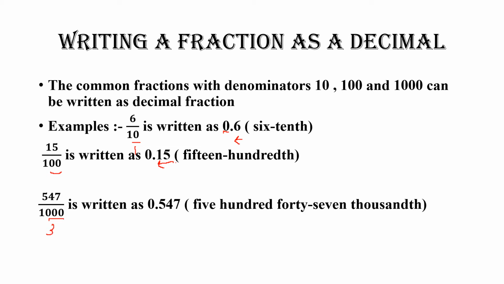That means before the 3 digits we'll put a dot and add 0. So we can read it as 547 thousandths.